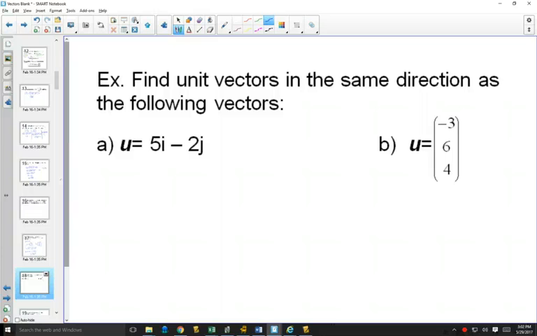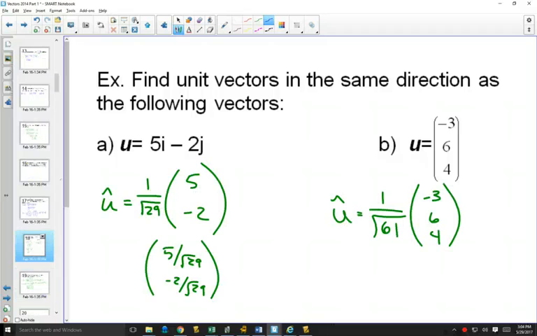Try these ones, get the unit vectors. Okay, here are the answers. There we go.